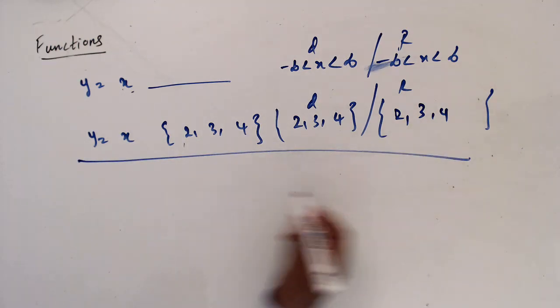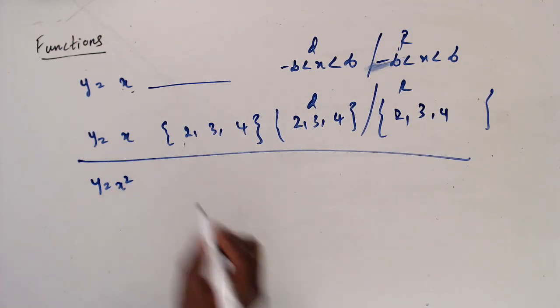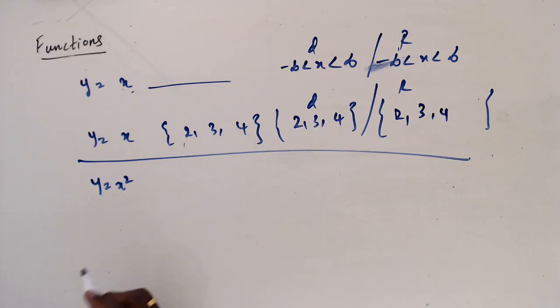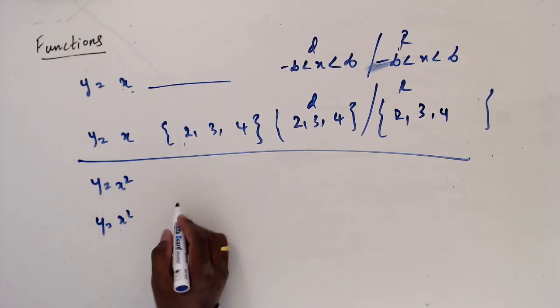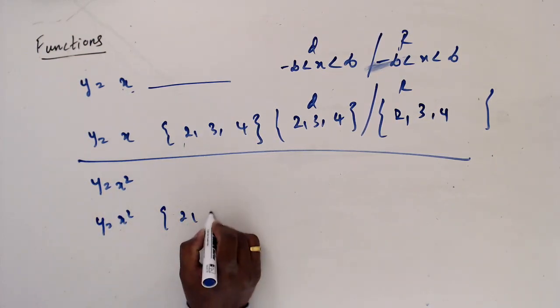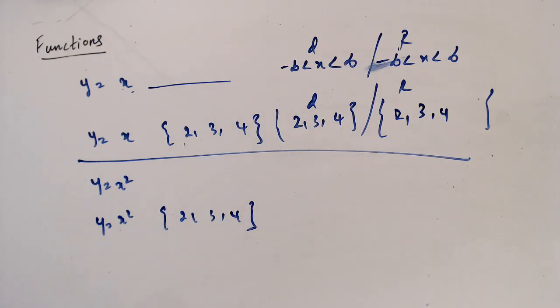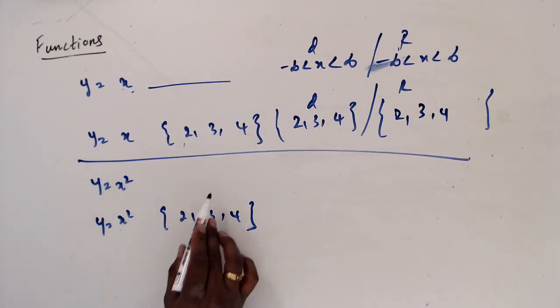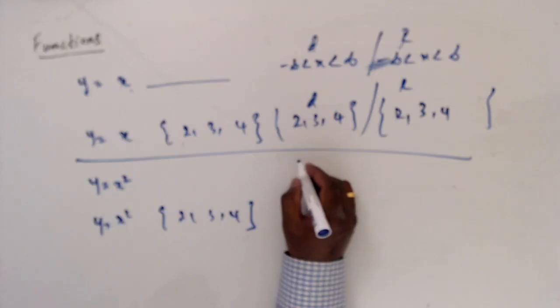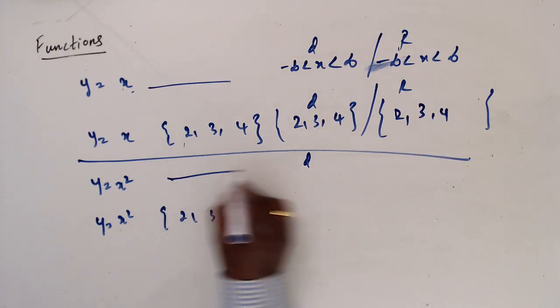So another example, y equal x square, and y equal x square with 2, 3, 4. There is no restriction for the first domain. So what is the domain for this one?